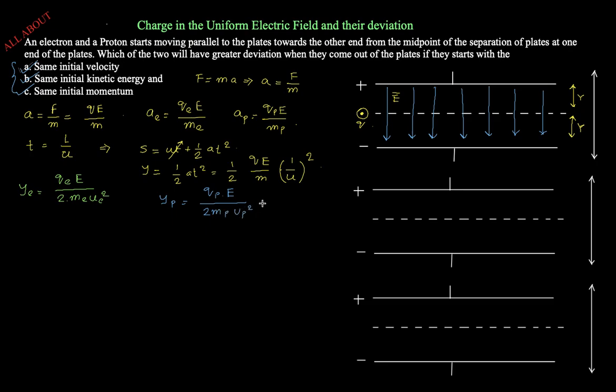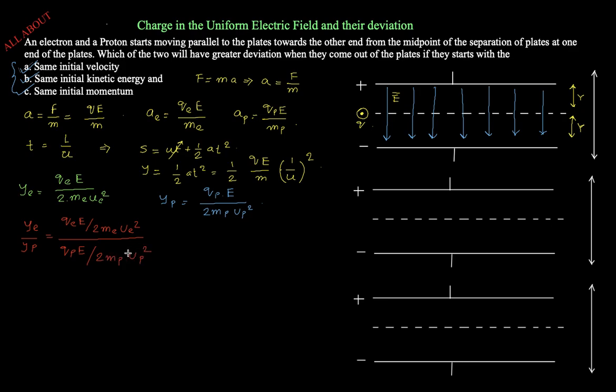Now you just divide these two, that means we have to compare them. What will be the outcome? The outcome will be ye by yp becomes qe E by 2me ue square divided by qp into E by 2 into mp into up square.